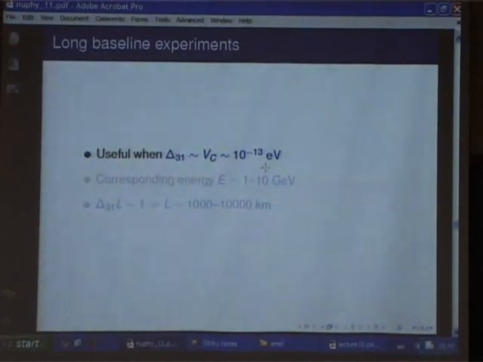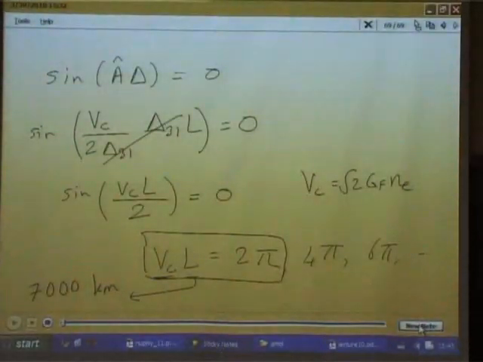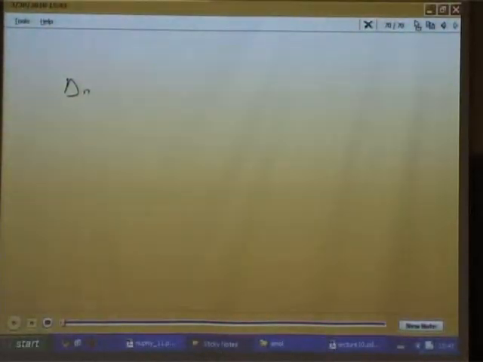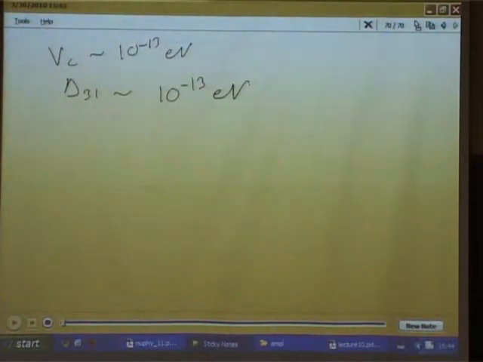It's nearly 10 power minus 13 electron volts, between 10 power minus 13 and 10 power minus 12 electron volts. So this is one condition. So delta m²31 over 4E should be 10 power minus 13 electron volts.